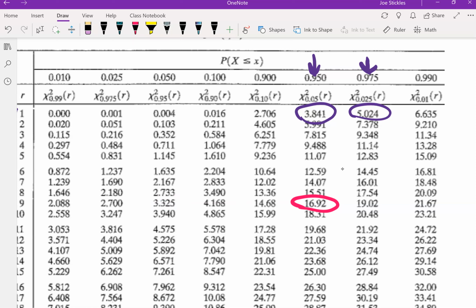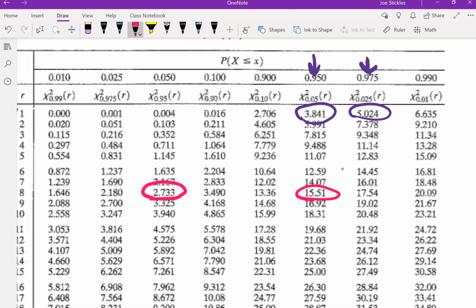Try that again. I thought I was in row 8. This one and this one, sorry. All right. So we went to row 8 because there's 8 degrees of freedom, n minus 1, right? I want the probability of being in between two numbers to be 0.9. There's only that set of two numbers that gives me 0.9 to be in between, right? Everybody see what I'm saying about that?